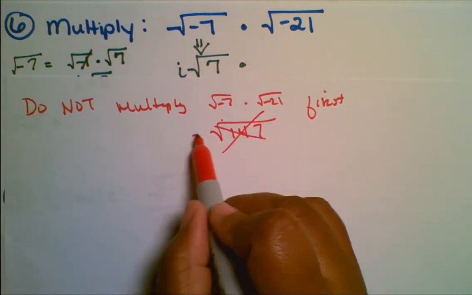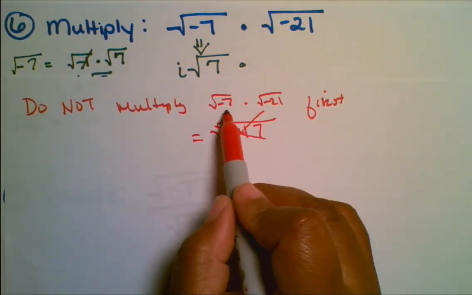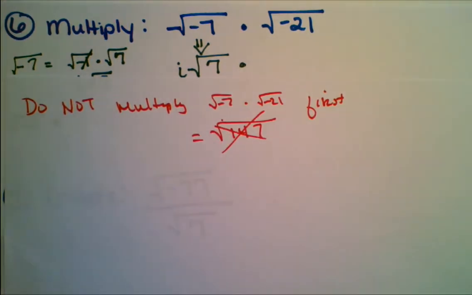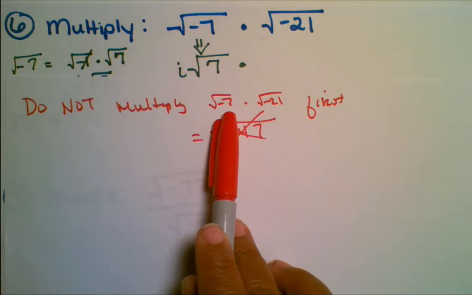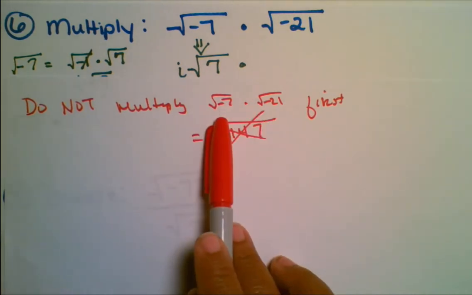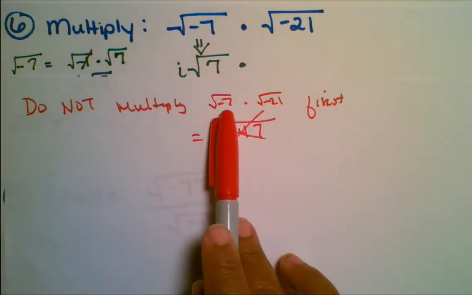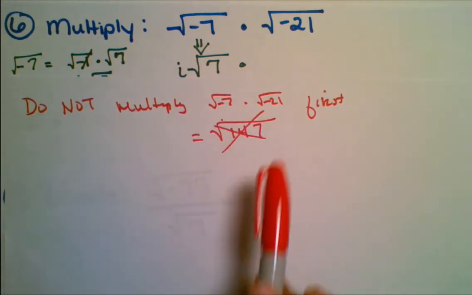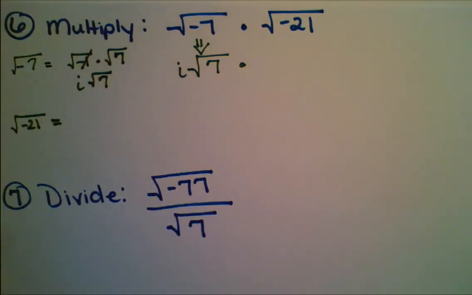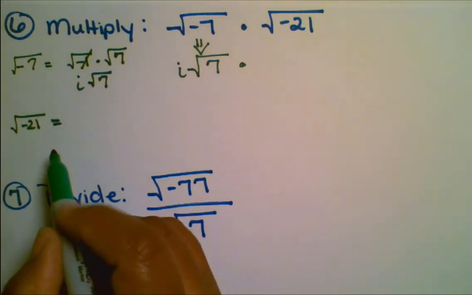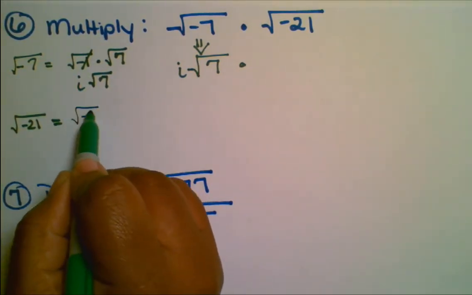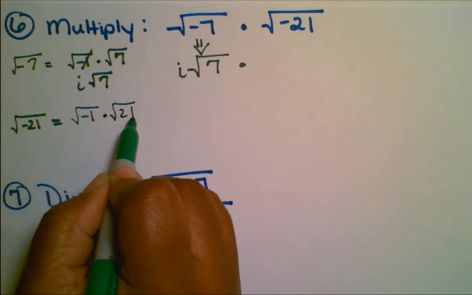That is incorrect. Take out the negative 1 factor first. You can only multiply two radicals if, number one, your indices are the same, and the radicands are positive. So taking out the negative 1 factor, then we have the square root of 21.